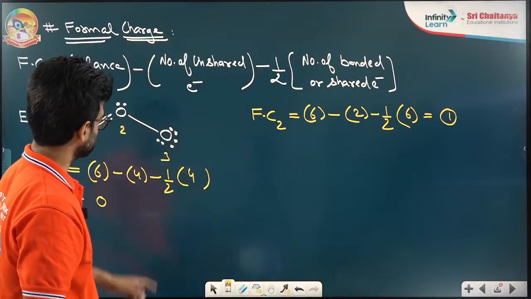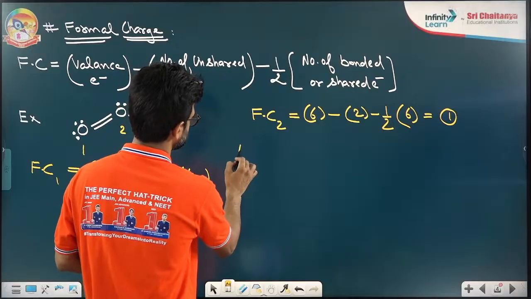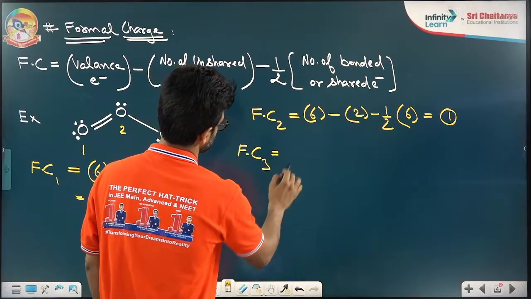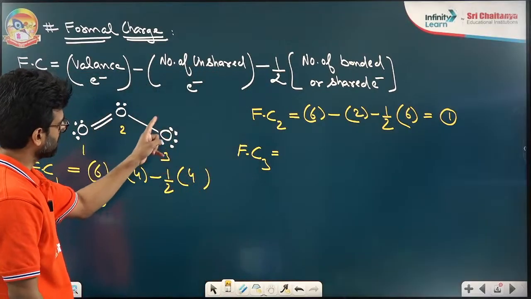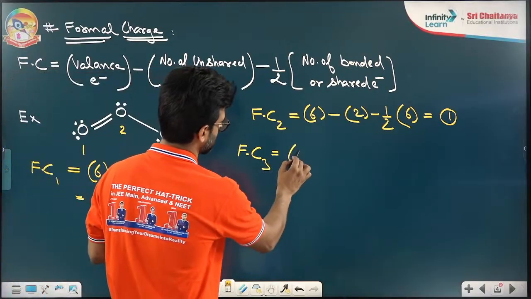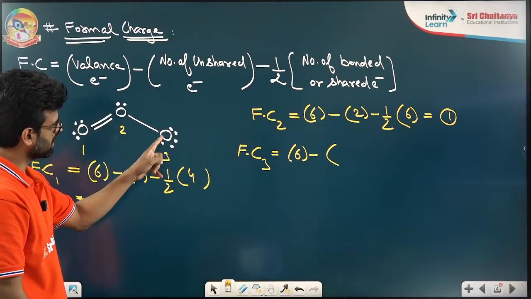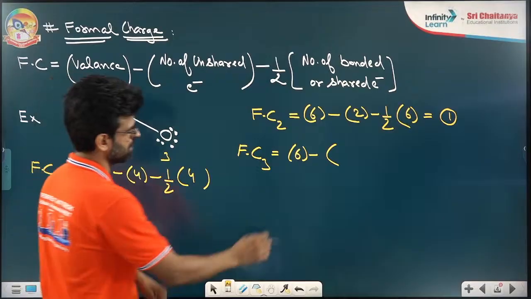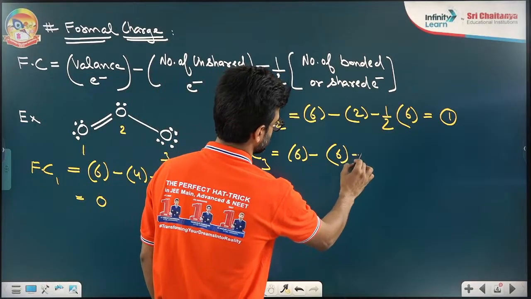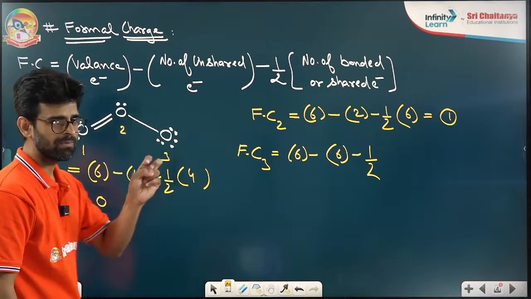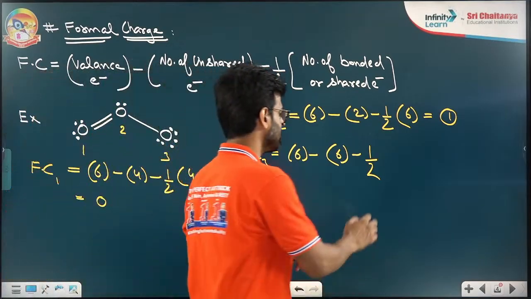Okay. Next one, if I talk about the formal charge, for which one? The formal charge for the third one, clear? This has 6 valence electrons. 6 here are the valence electrons, and you see how many unshared does it have? 6 unshared here, and minus half. It has 1 bond. 1 bond means 2 shared electrons, right?